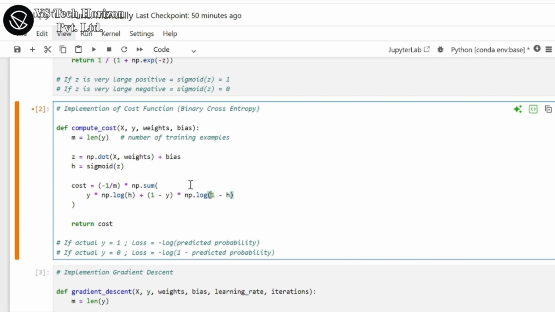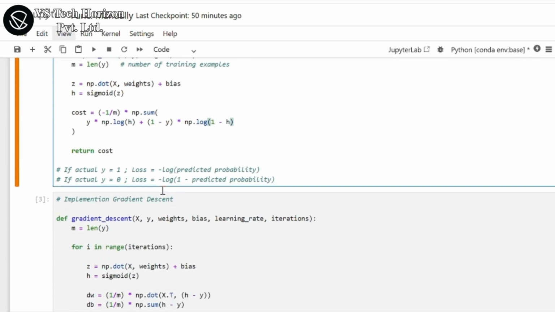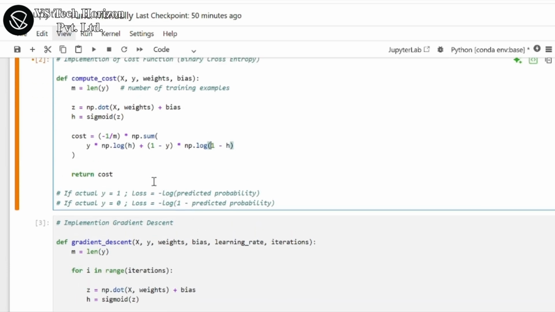Then comes the core formula, which is the binary cross entropy loss formula. Here it is divided into two parts. At first, if the actual label y is 1, then it becomes the log of the predicted probability.